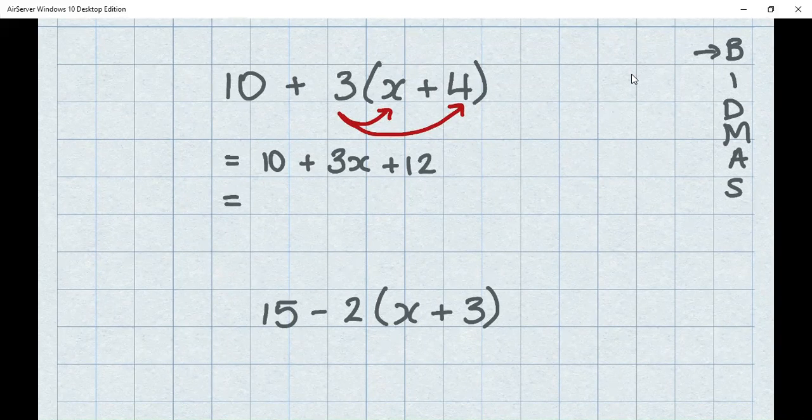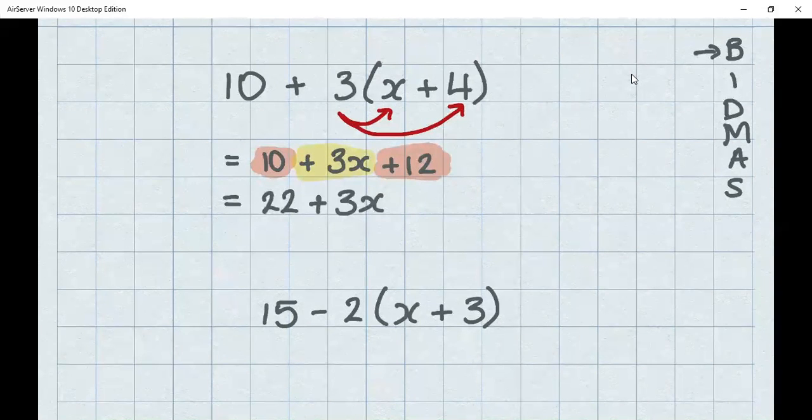For this one, I've got two numbers without any letters, so that is the same sort of term. So I can put this 10 together with this 12. So 10 add 12 gives me 22, and then the 3x is just on its own. So I'm just going to write that in at the end. So this expression simplified is going to be 22 plus 3x.